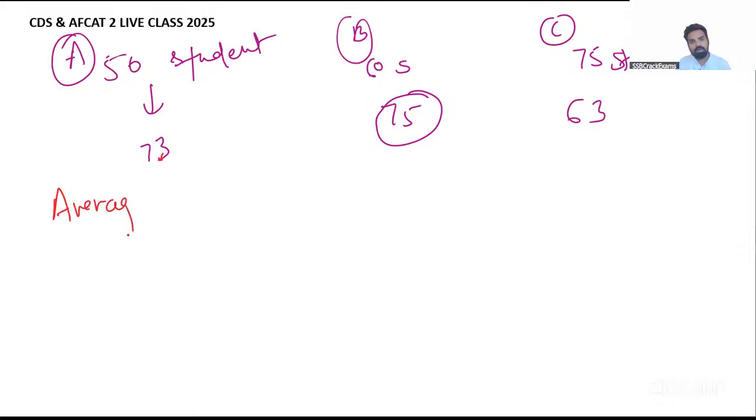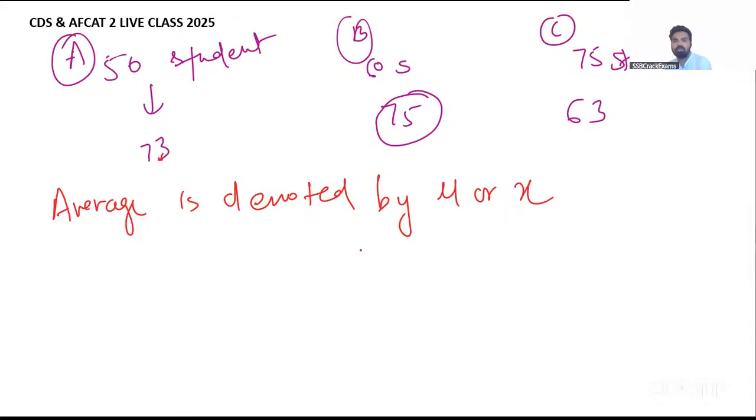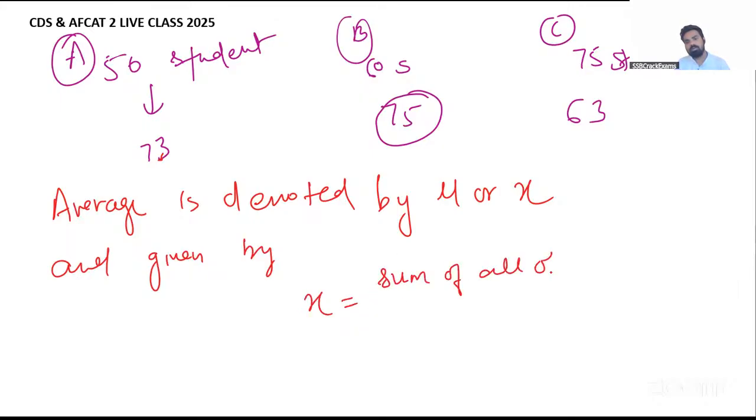Average is denoted by mu or x bar. You can use any of the notations, but basically average is noted by mu or x bar, and its formula is given by x bar is equal to sum of all observations upon total number of observations.